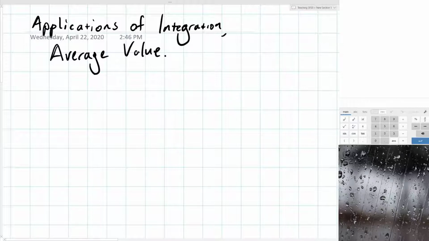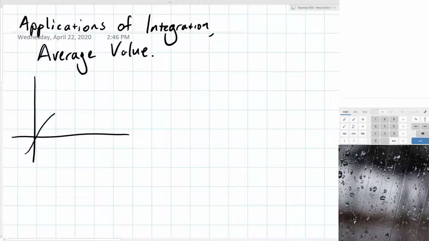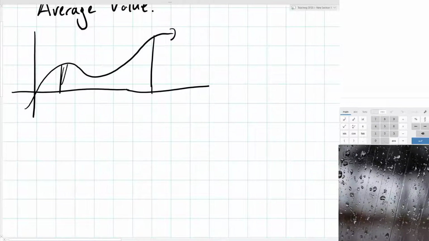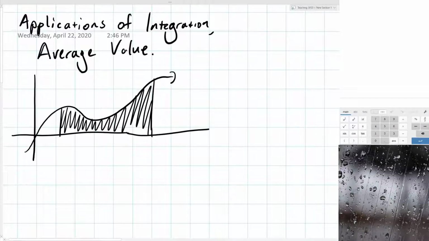If we have some function and we know the area beneath that function, what we can do is take a rectangle with the same area as the function.